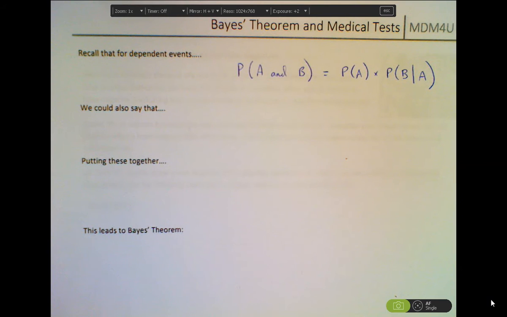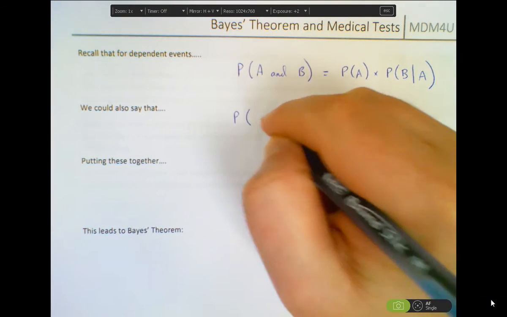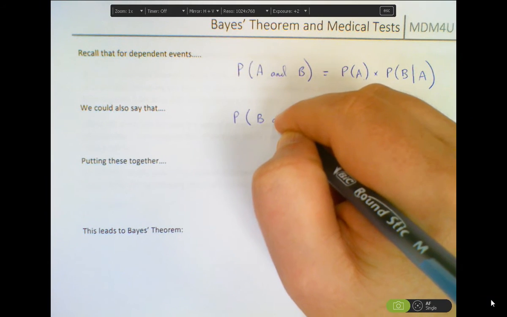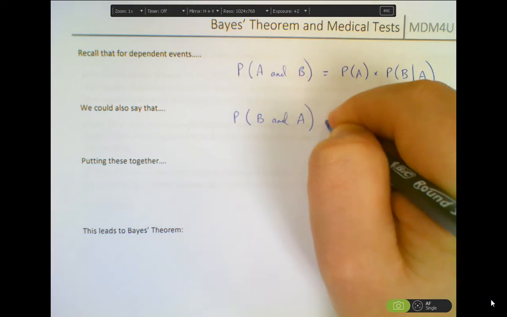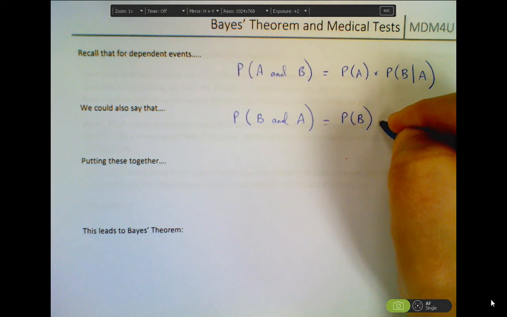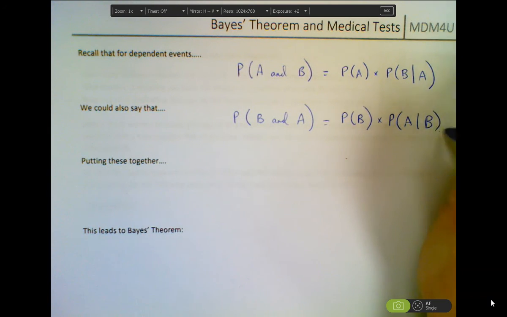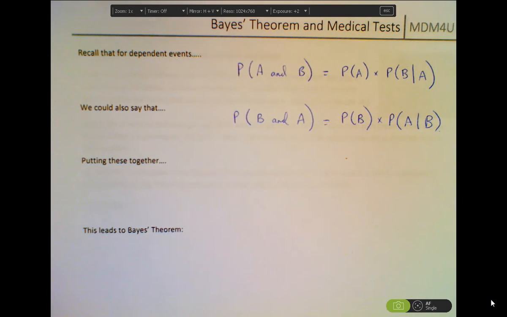Along the same lines, we could also say that the probability of B and A is the probability of B times the probability of A, given that B has already happened. And those two things are equivalent. The probability of A and B, the probability of B and A, those are the same thing.